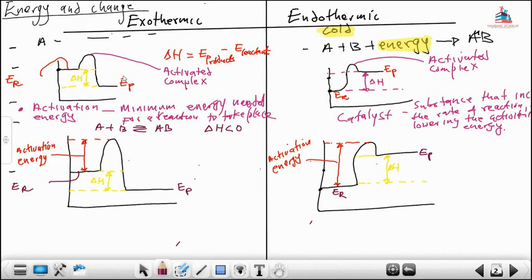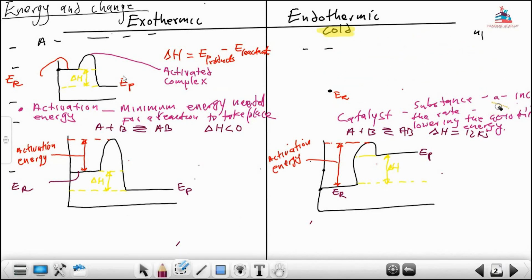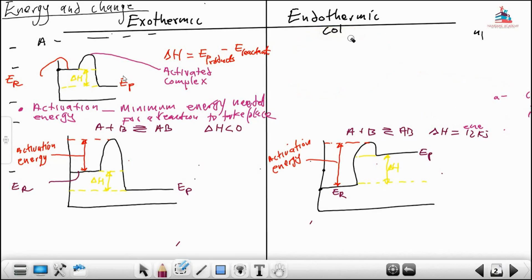The very same examiner will do the same: A plus B giving us AB, but now delta H is equal to 12 kilojoules.